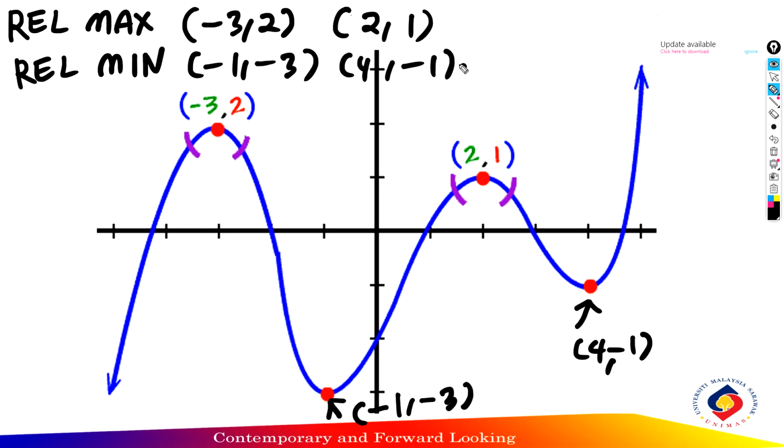So the graph has 2 relative maximum and 2 relative minimum points.